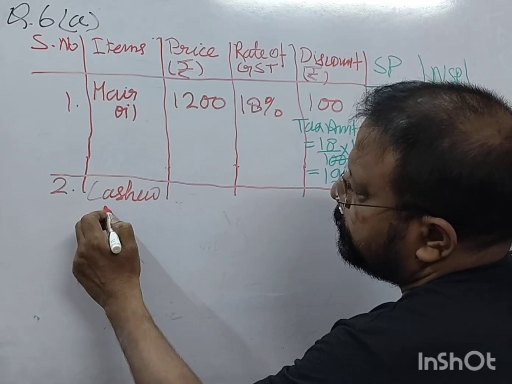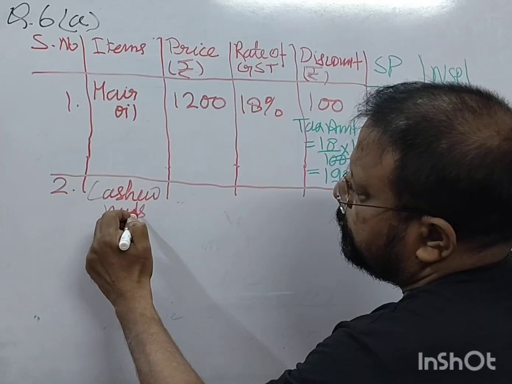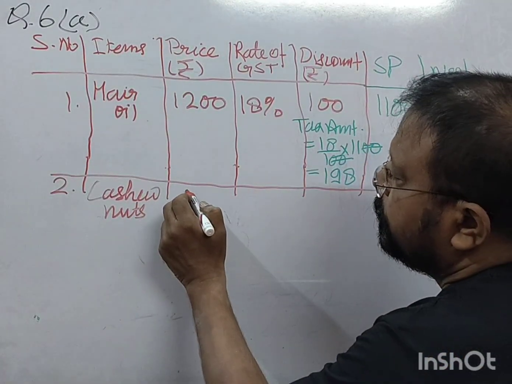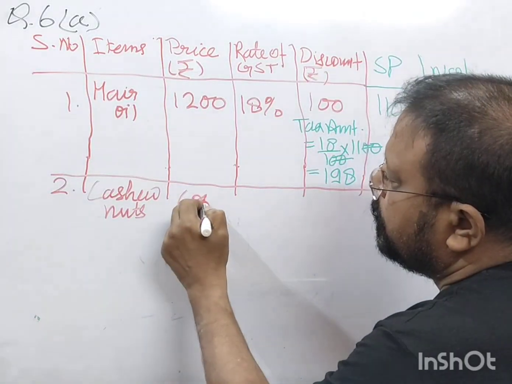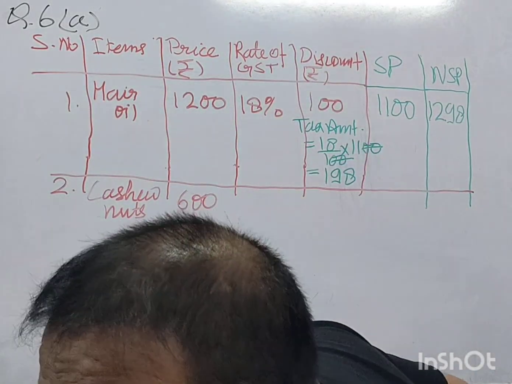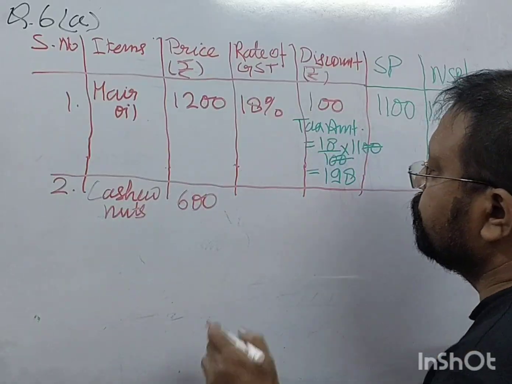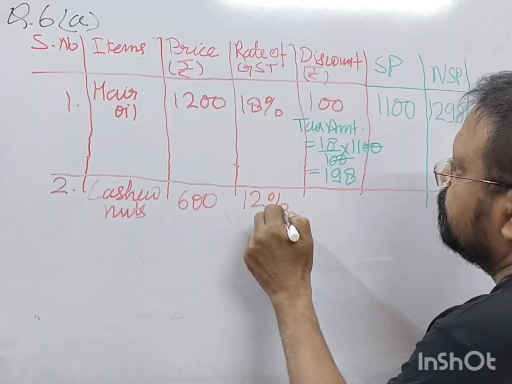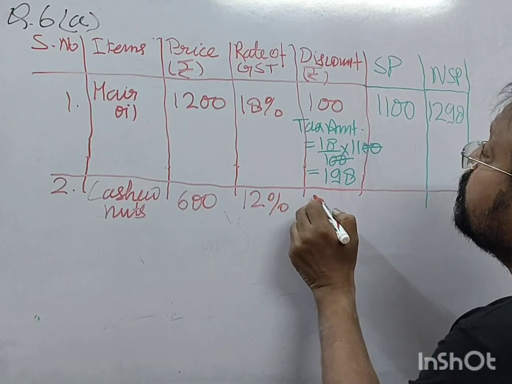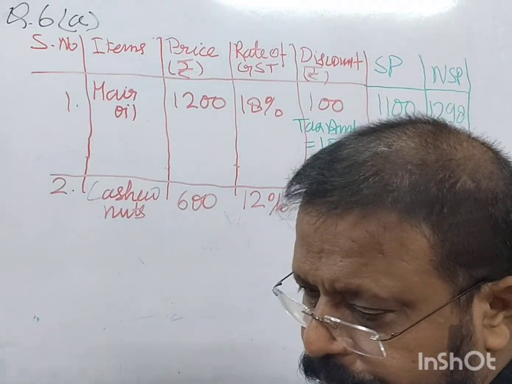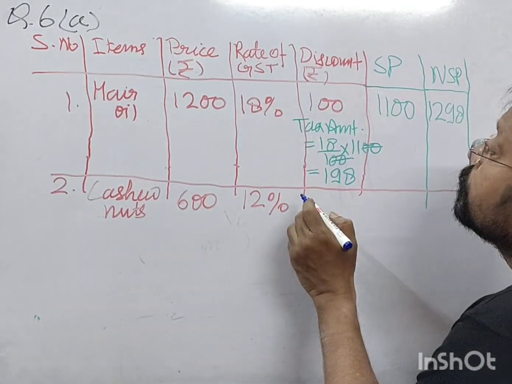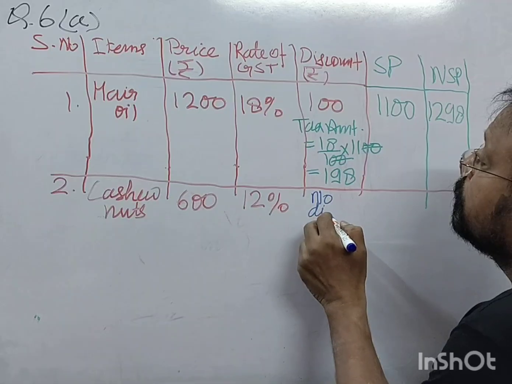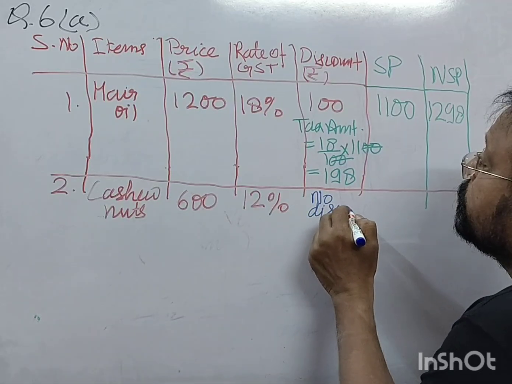This is rupees 600, and GST is 12%. Right? No discount.